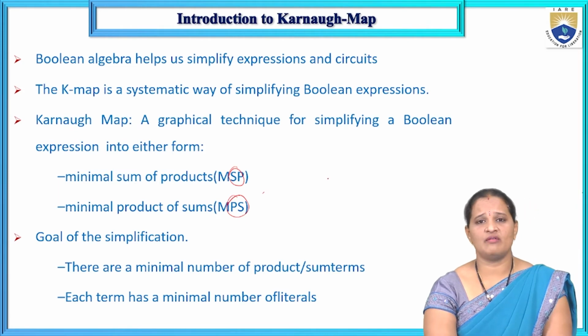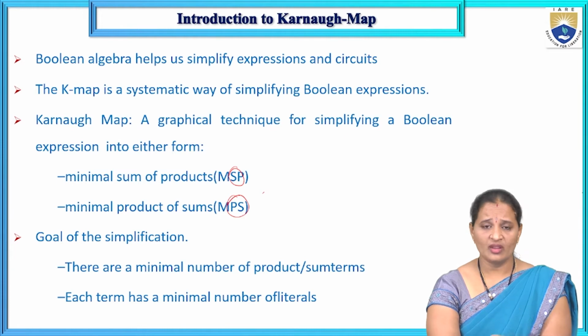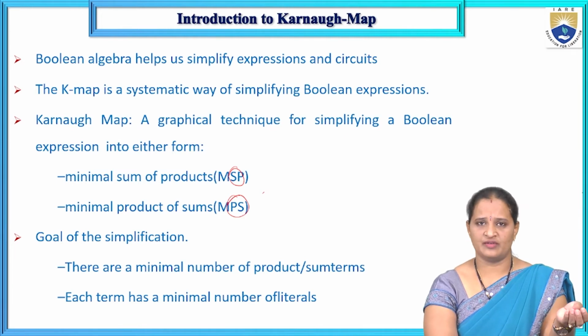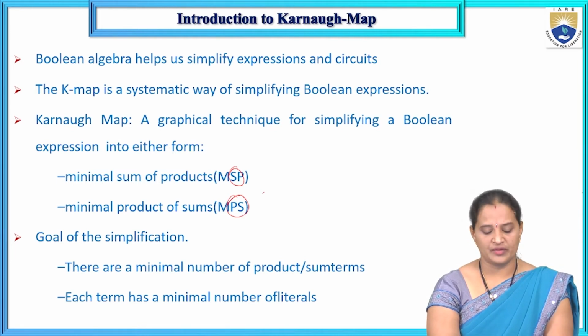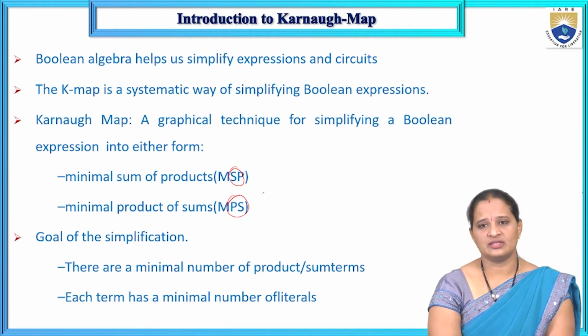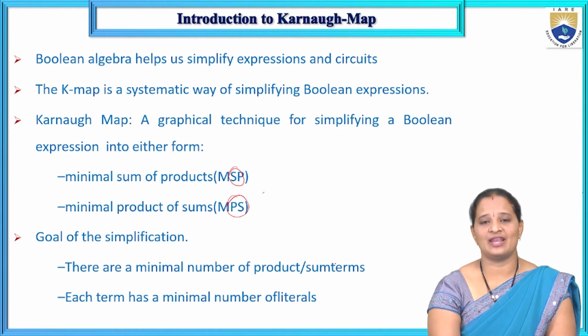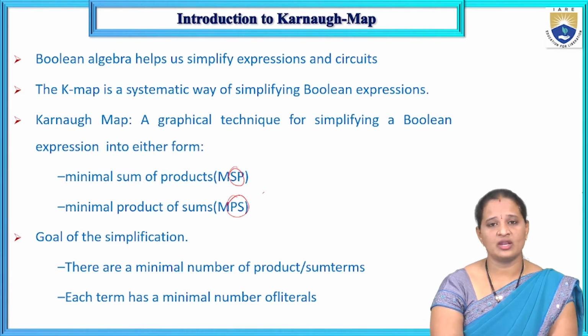And why go for simplification at all? Whether we use Boolean algebra, K-map or the tabular method, what is the goal? The major aim is to get the minimal number of product terms or sum terms.